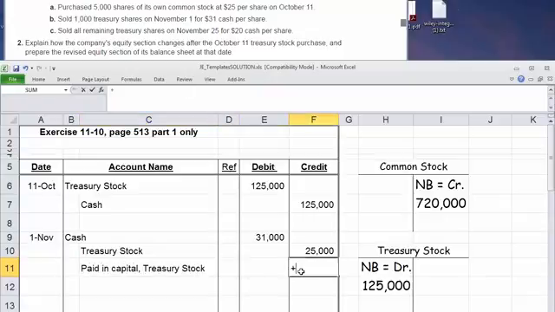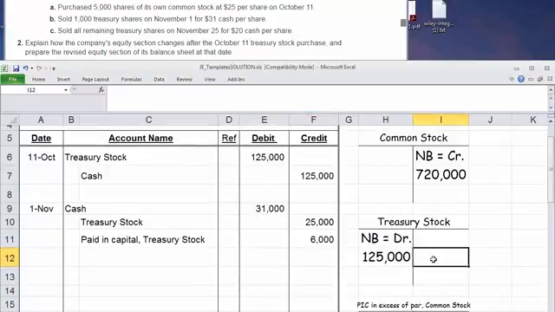That will be the 31 less the 25, so 6 times 1,000 gives us the amount of excess, 6,000. So 6,000 plus 25,000, we are in balance.